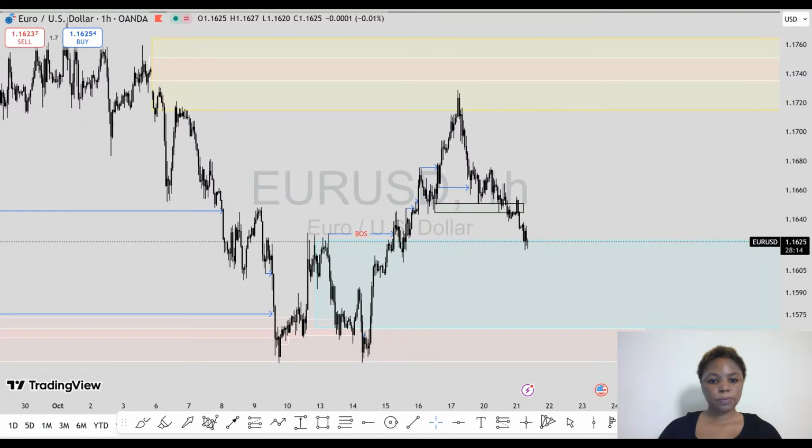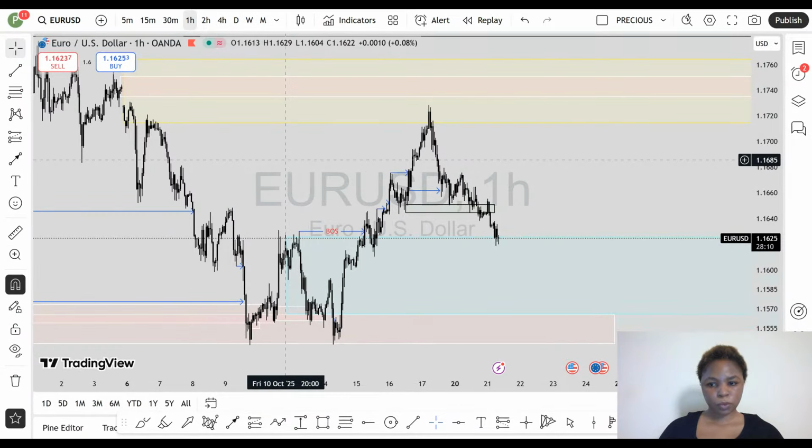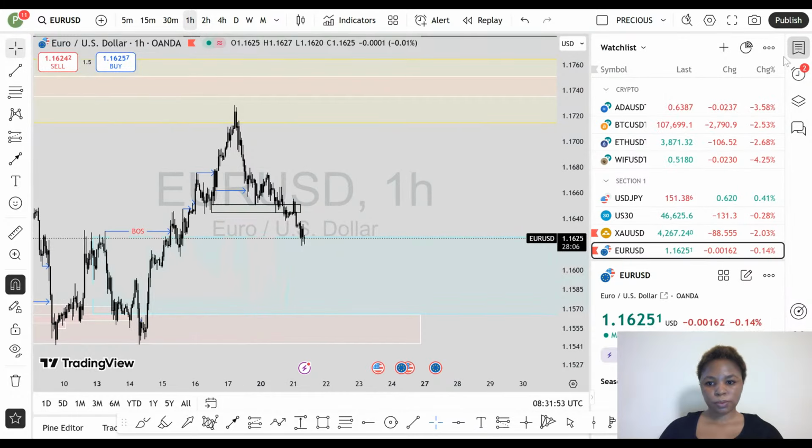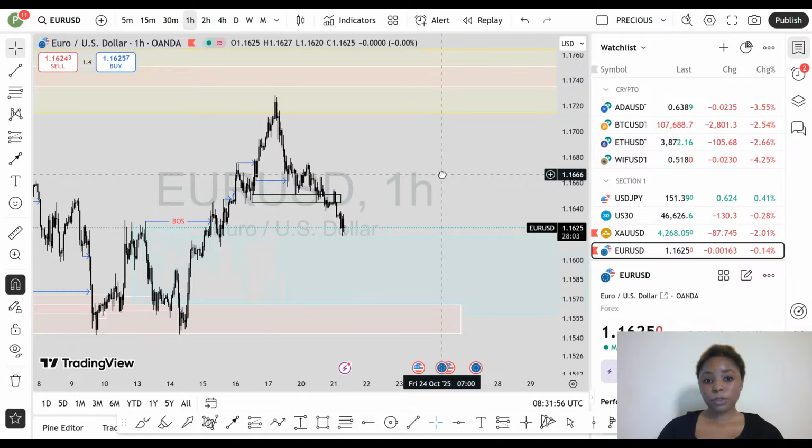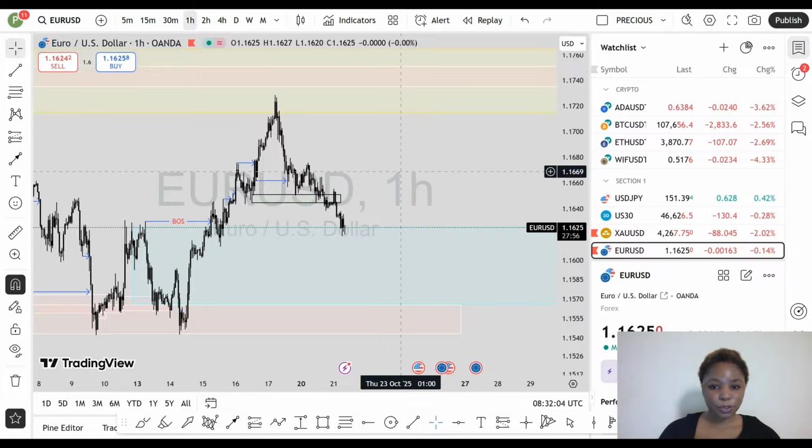Okay, so let's get started. We are going to be starting with Euro USD. Great. So this is how the chart is today. Let me just adjust this.